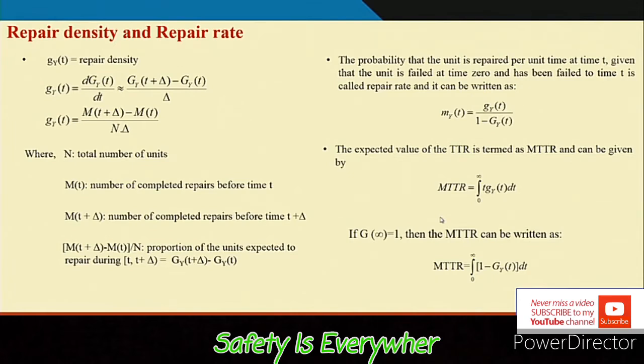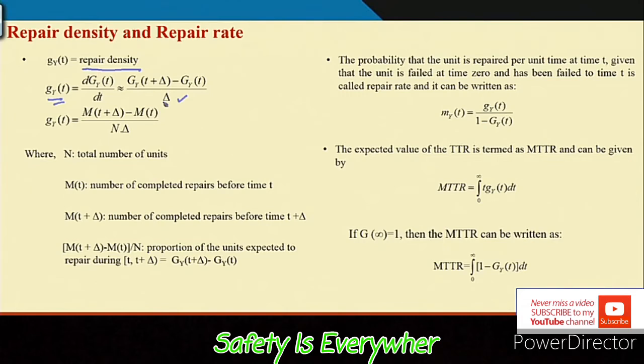We will now go to repair rate, from repair density to repair rate. Okay. So repair density you have already seen, d by dt of G(t), this can be written like this: G(t plus delta) minus G(t), by delta.